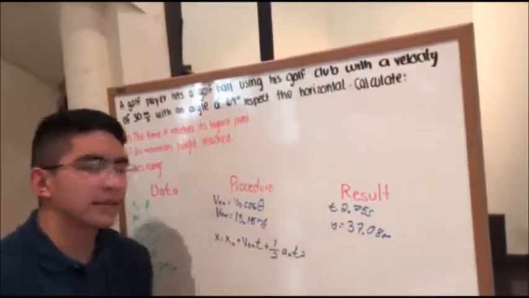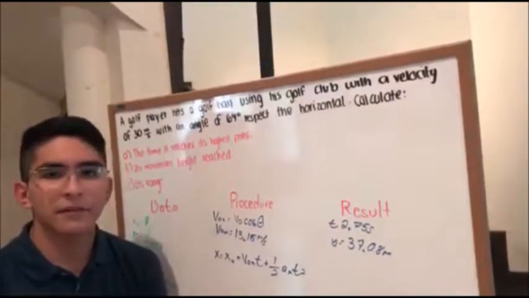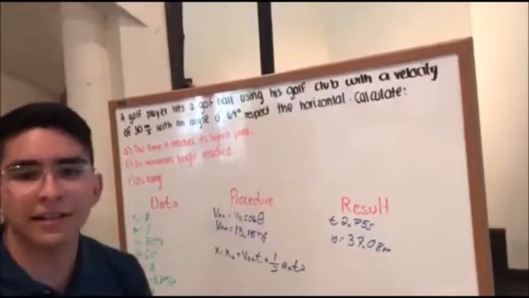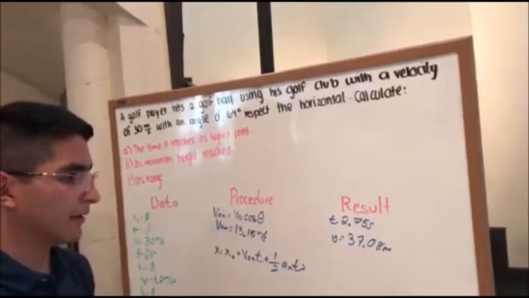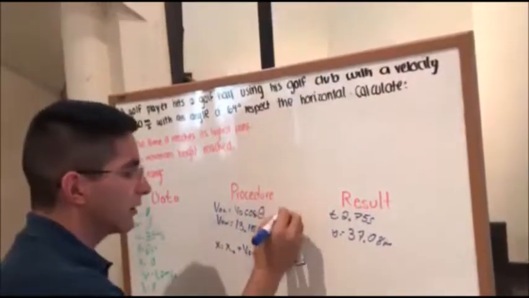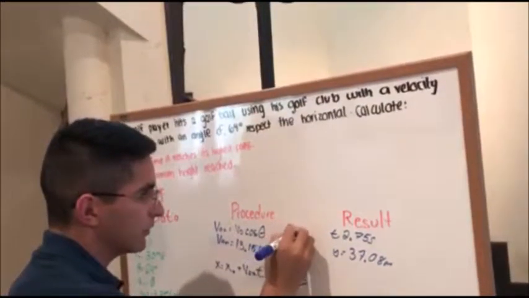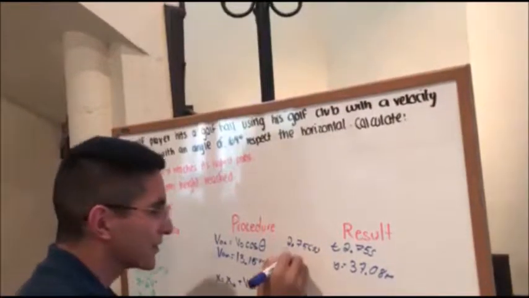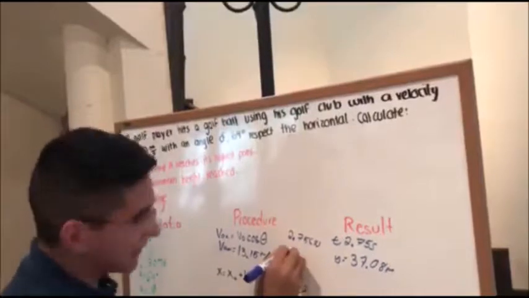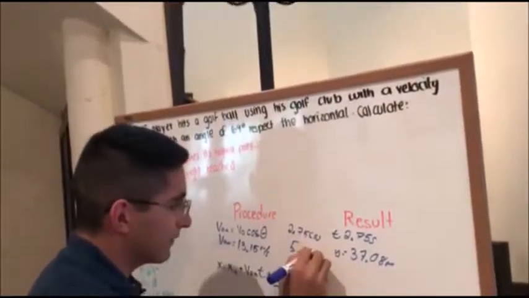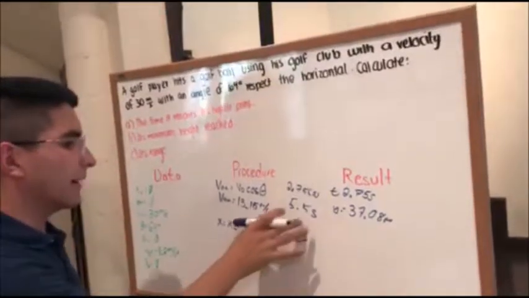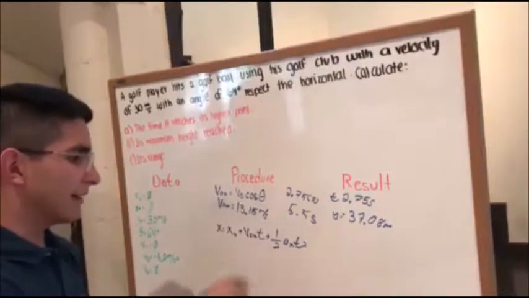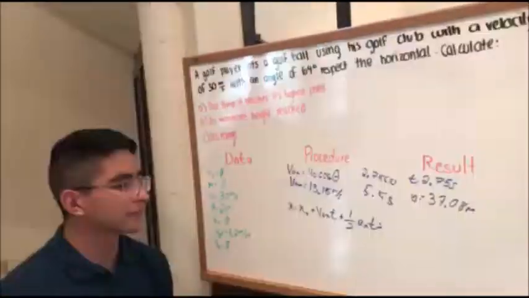And I know that the time is 2.75, but the range needs twice the time, the whole time, which is 2.75 times 2, and the value is 5.5 seconds, and these two answers are the values that I need.